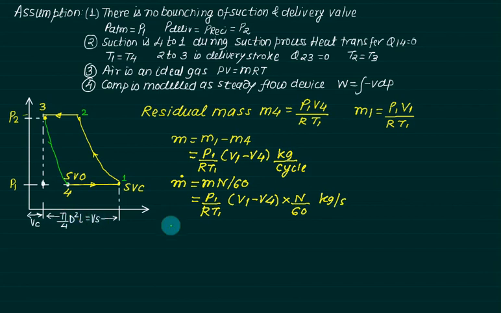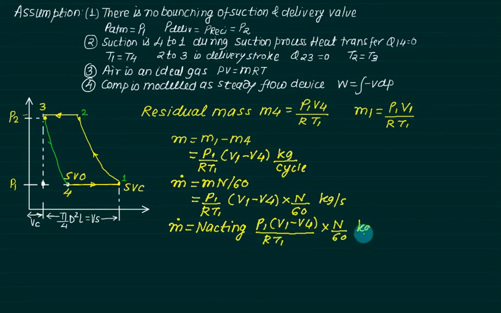Single acting or double acting, according to that you will take care of the equation. So, we take N acting equal to 1 for single acting, and N acting equal to 2 for double acting. So, your equation becomes P1 into V1 minus V4 upon RT1 into N by 60.